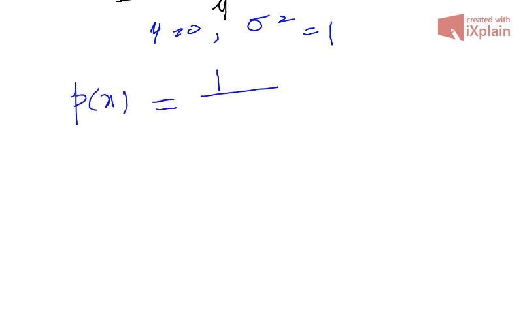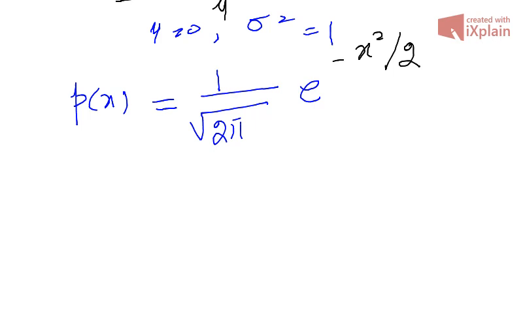So let me plot it here first. If your mean is 0 and sigma square is 1, the expression for p of x, just substituting these values, would be equal to 1 over the square root of 2 pi, e raised to the power minus x square over 2, right?